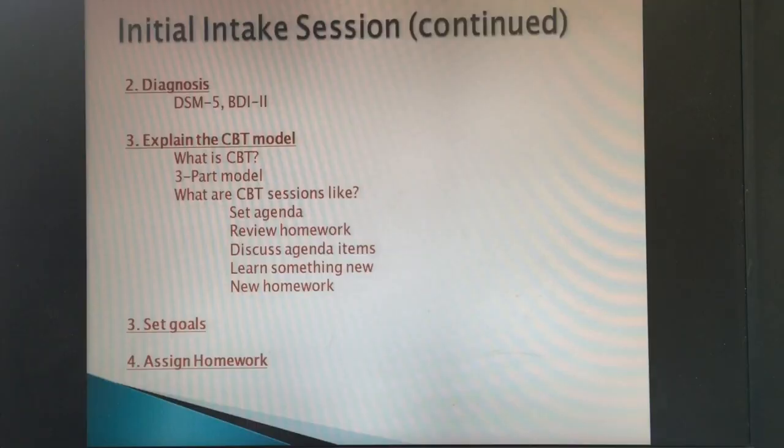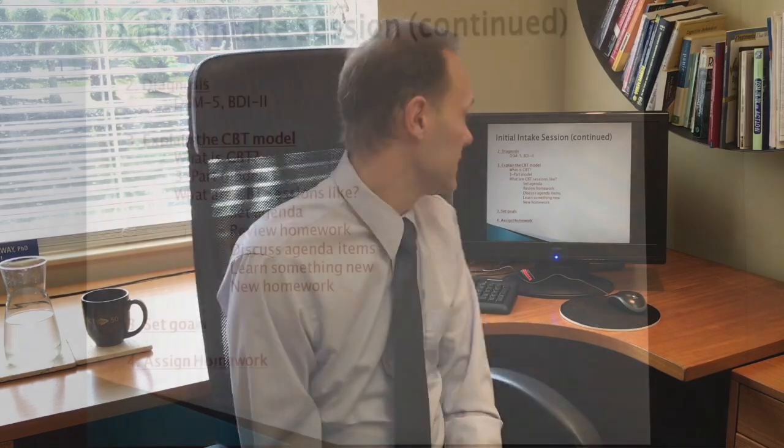suicide possibility evaluation. Also, as part of the intake session, usually even if you haven't finished the whole intake interview, there should be some time to set aside to explain the CBT model. When the patient leaves that session, they should understand that you're going to be working with that patient in a CBT capacity, and you should explain to them what that means.